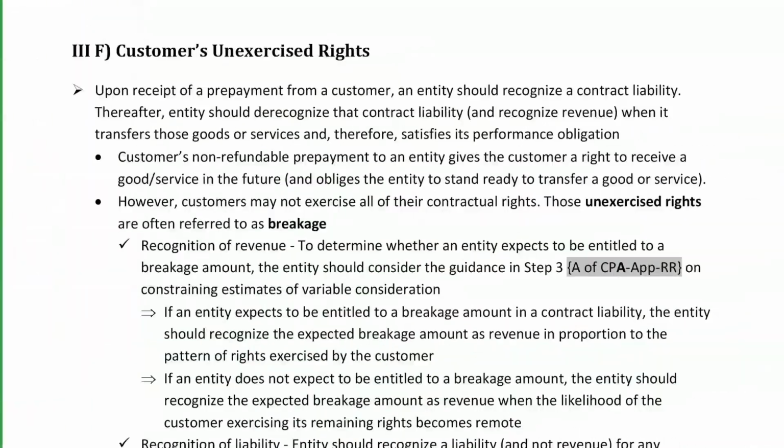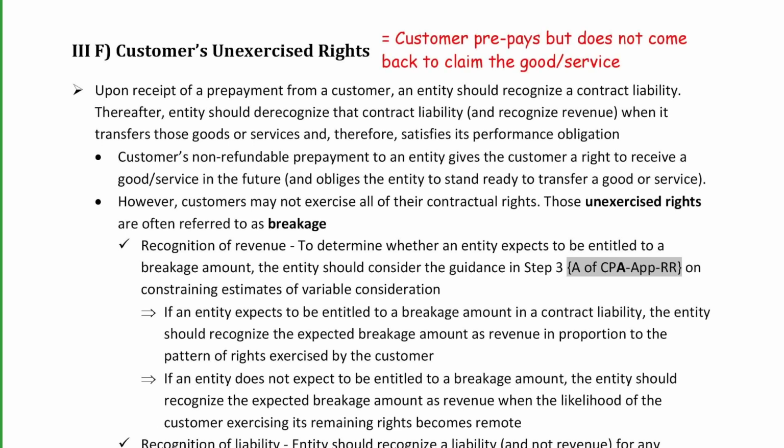On page 69, we're talking about customers' unexercised rights, where the customer prepays but does not come back to claim the goods or services. These unexercised rights by the customers are referred to as breakage.